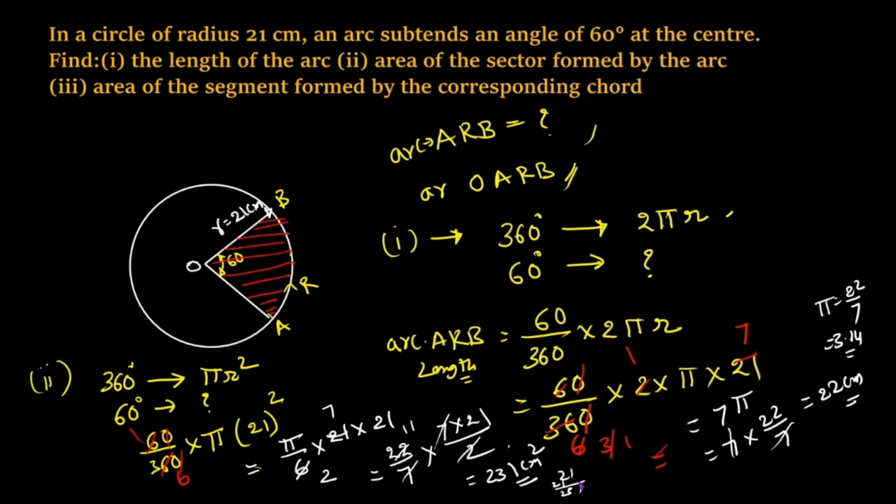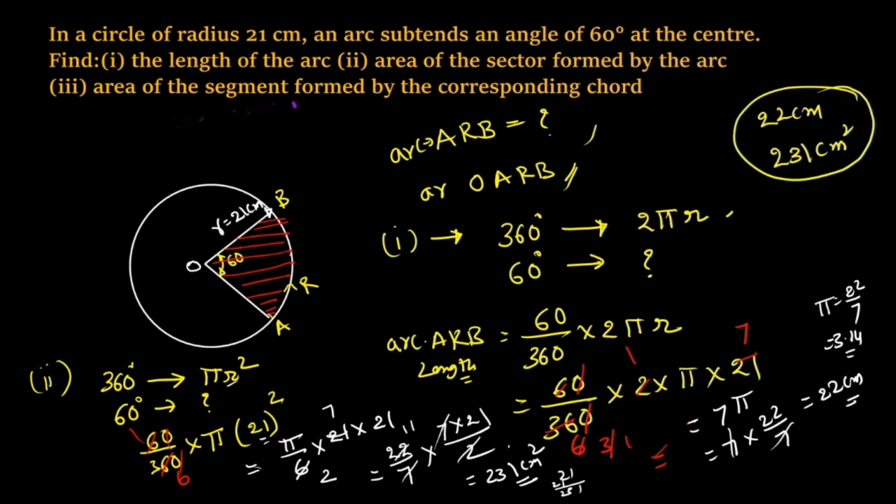Area is always square, since we have r square, so we square the centimeter. Now we found the arc length is 22 centimeters and the area of the sector is 231 centimeter square. Now let's see the third one.